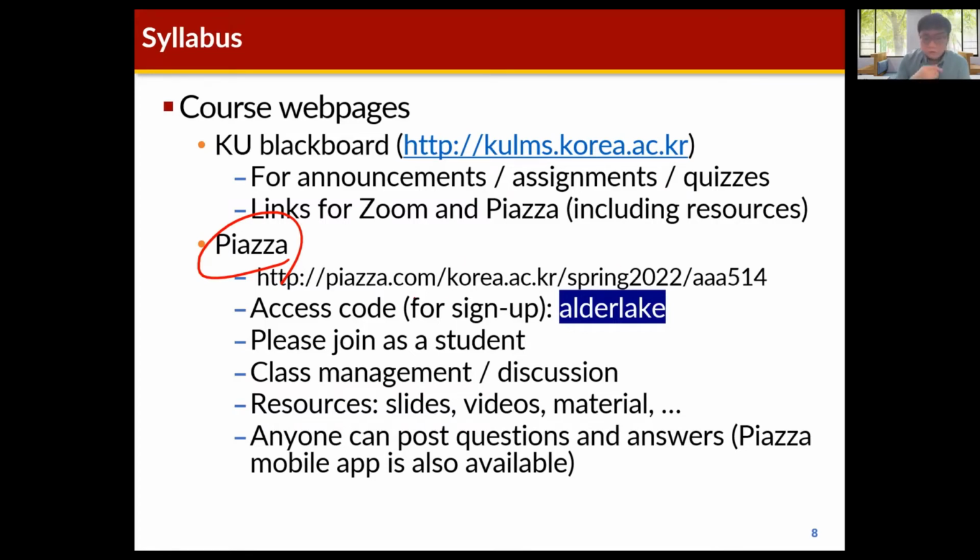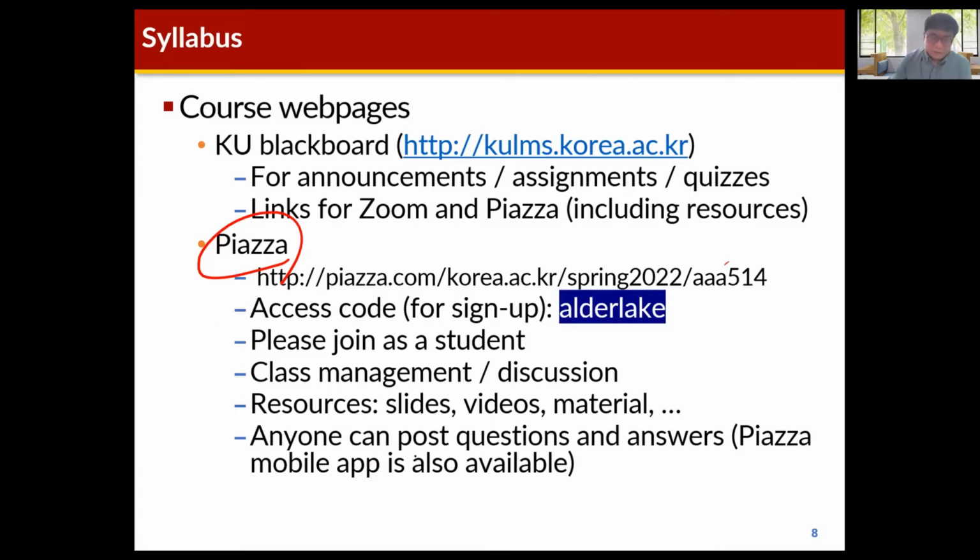If you go to Piazza with this internal address, you need to register to this course. You also need the access code, and the access code is Lake. This is the most recent brand name of the Intel processor architecture. Please join as a student, not TA or instructor.